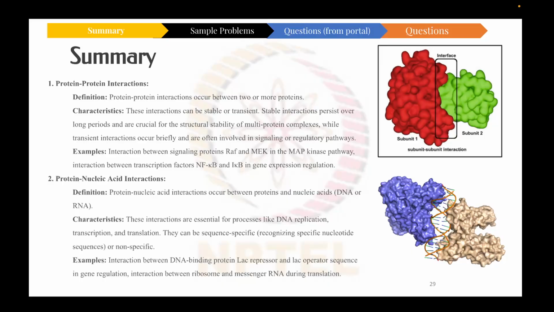Then we have zinc finger proteins, which use zinc ions to coordinate specific amino acid residues, forming a finger-like structure that recognizes and binds to specific DNA sequences in a sequence-specific manner. So we have several methods for studying protein-nucleic acid interactions.